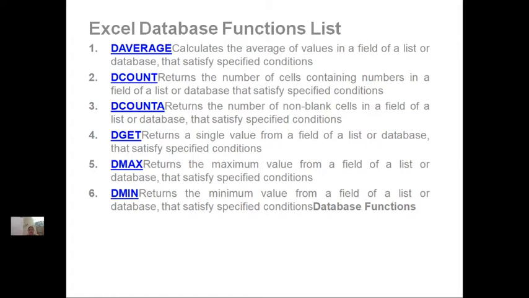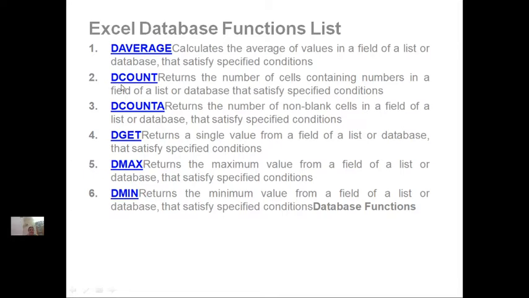Average of values means totaling all the values in a list divided by the number of values in the list, depending upon the specified conditions here in the database.